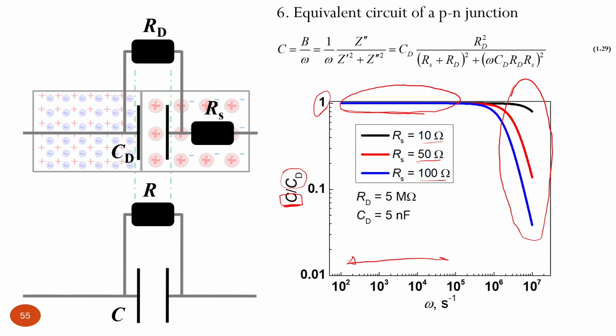So those who take care about their measurements want to go into the high frequency region, where all these processes happen too slowly to follow the AC signal and contribute to the measured capacitance. So we want to do our measurements somewhere here, starting from close to 1 megahertz and higher, in order to avoid all parasitic effects.